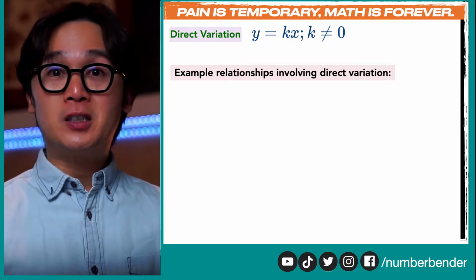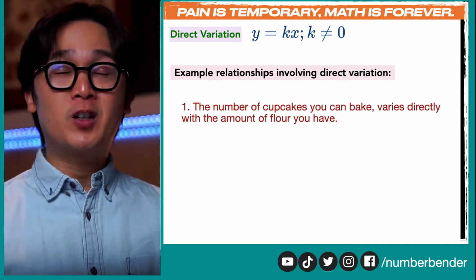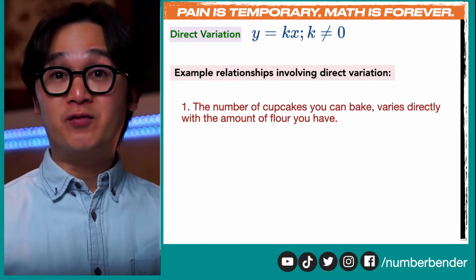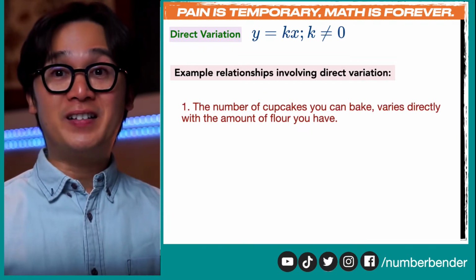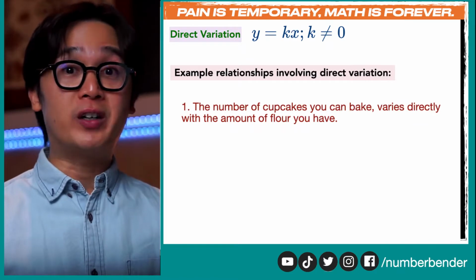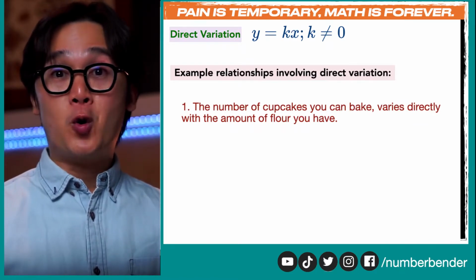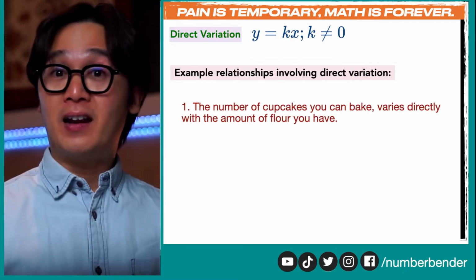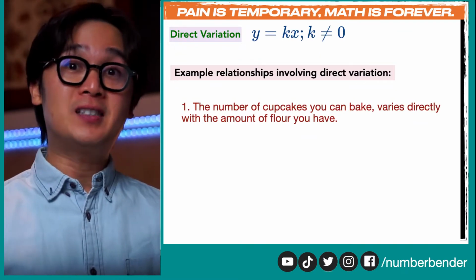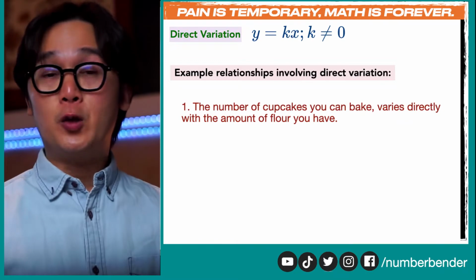Some relationships that are considered to be examples of direct variation: the number of cupcakes you can bake varies directly with the amount of flour you have. That means the more flour you have, the more cupcakes you can produce, and the less flour you have, the fewer cupcakes you will produce.